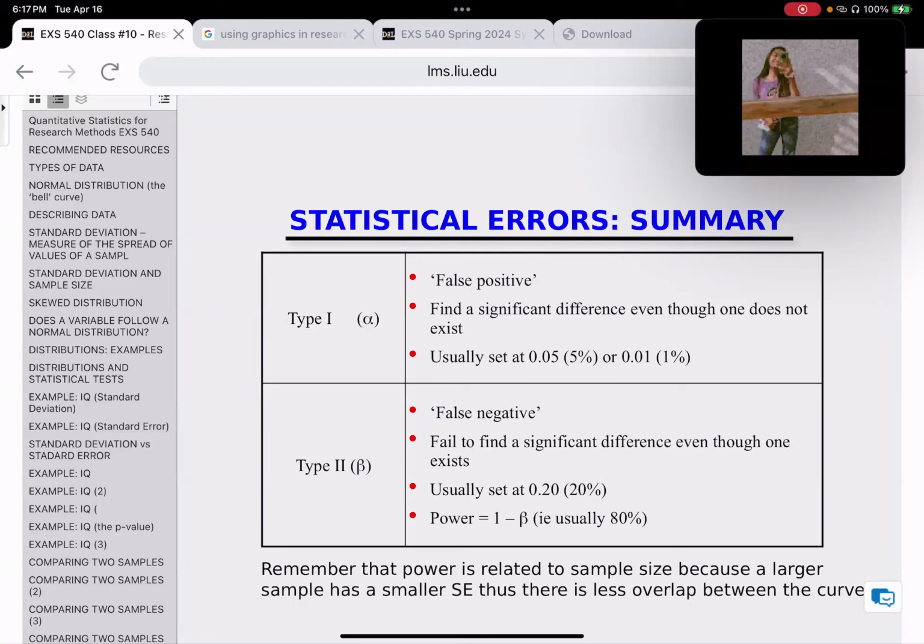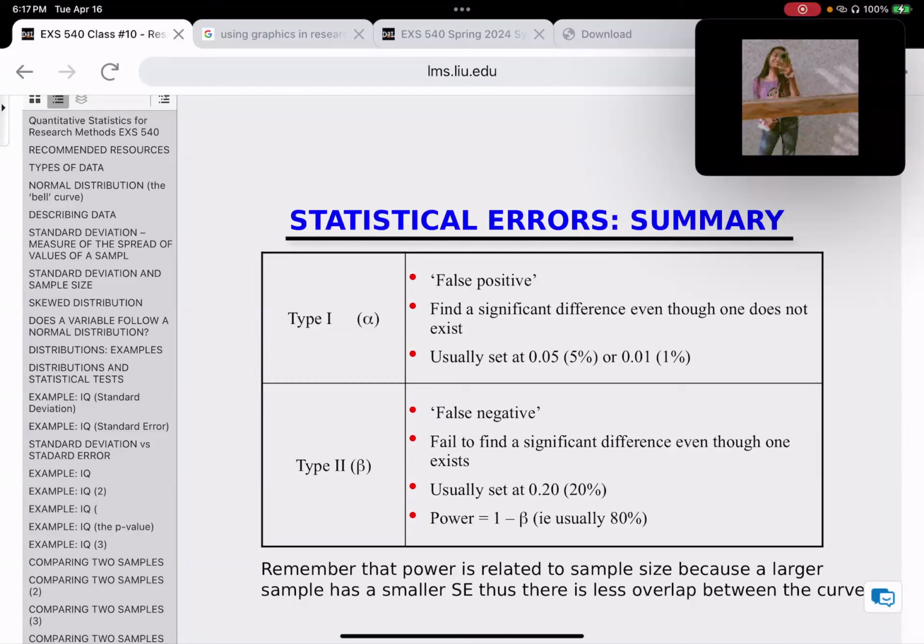The second one, and you notice that there's a beta here, beta stands for, or is equivalent to, what's known as power, which is how much magnitude do I have in this study? How powerful is this study? P-value doesn't do that.